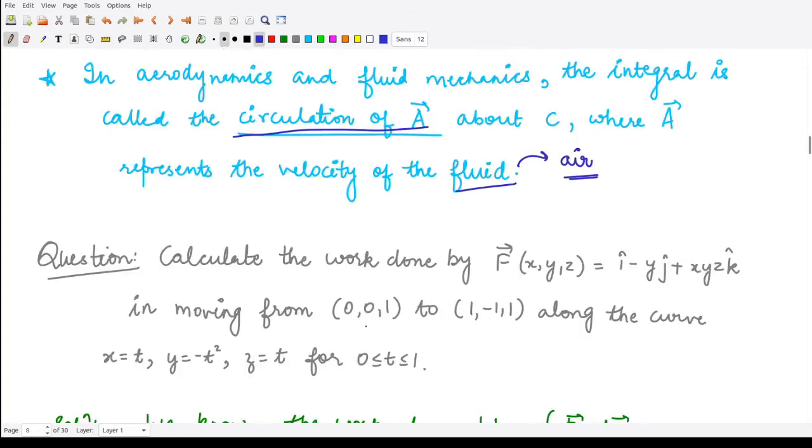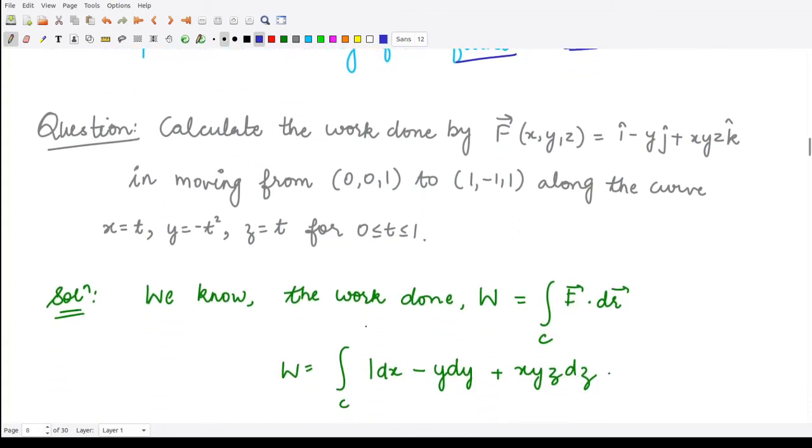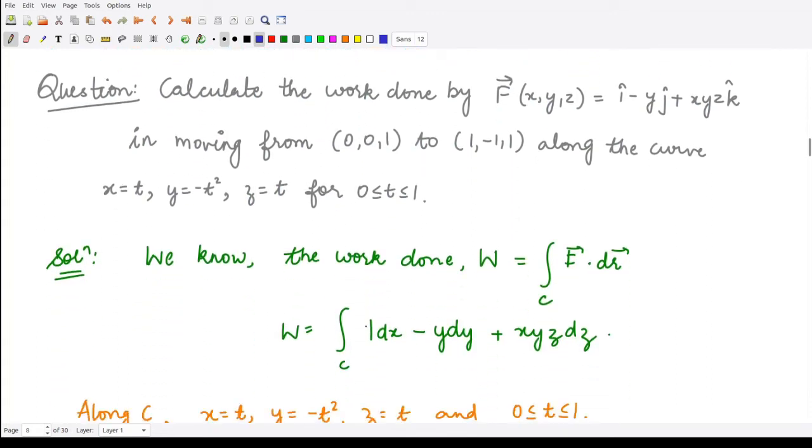Having learnt about this, let's see how we can find the corresponding work done. Here is a question: calculate the work done by the vector F, defined by this vector, moving from the point 0, 0, 1 to the point 1, minus 1, 1 along the curve x equal to t, y equal to minus t square, and z equal to t.